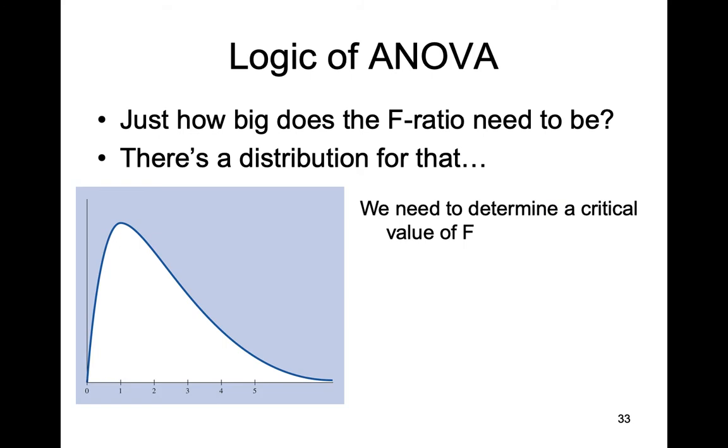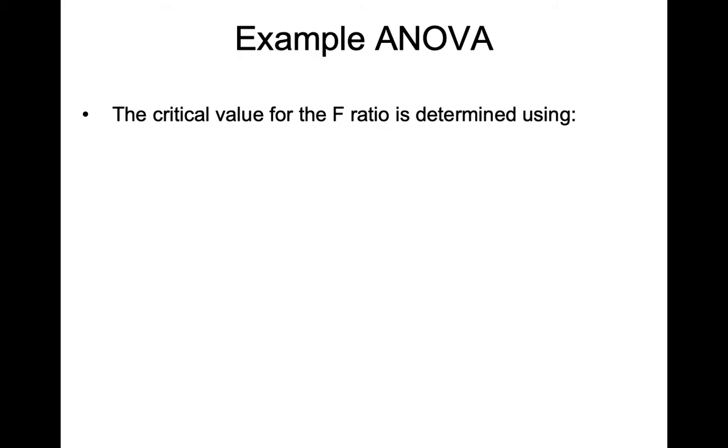Again, just how big does that F ratio need to be? We need to compare the F ratio that we calculated to a critical value. The critical value for the F ratio is determined using 2 different degrees of freedom. The first is degrees of freedom between groups, which is just the number of groups minus 1.